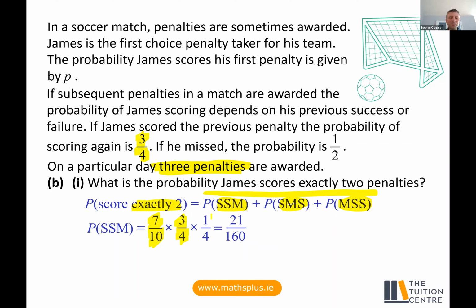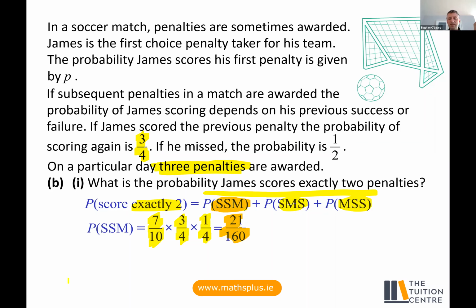The probability of him missing the third is 1 minus 3/4, so it's 1/4. When I multiply all that out, I get 21/160. So that is this scenario here.